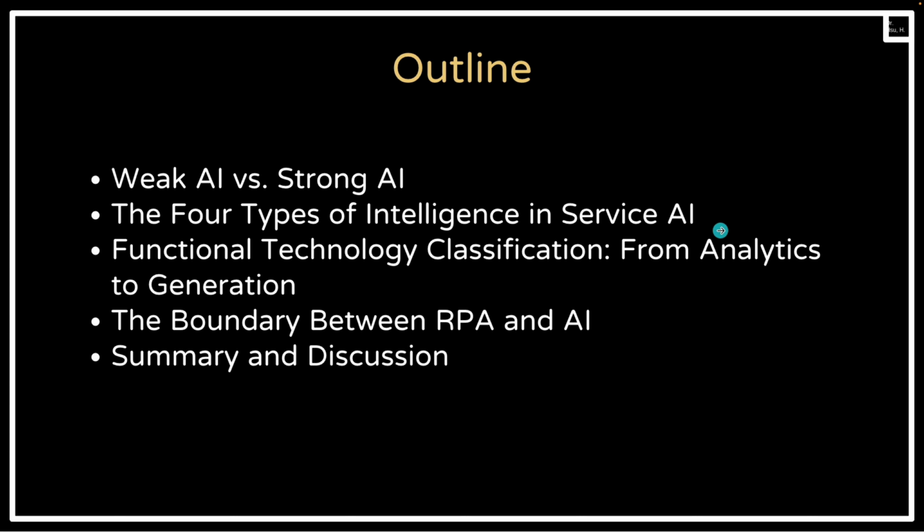After that, we examine the functional technology classification, especially the shift from analytical to generative AI. Then we clarify the boundary between RPA and AI. Finally, we close with summary and discussion. So this lesson gradually moves from big picture ideas to practical decision rules.